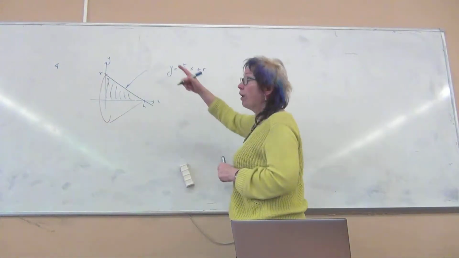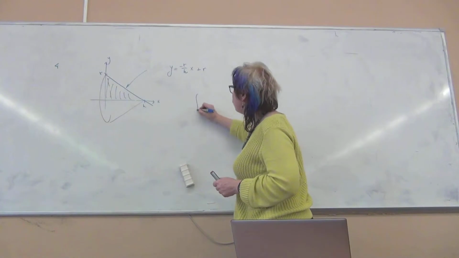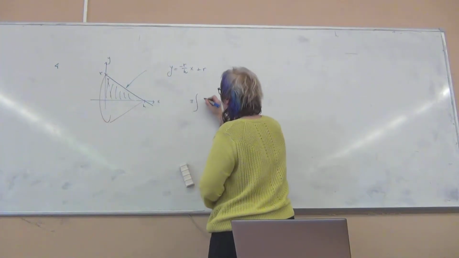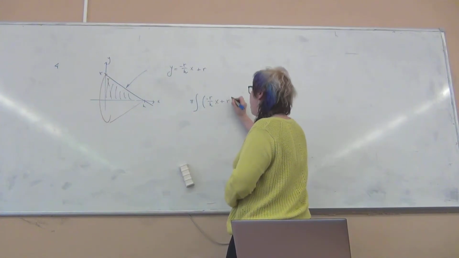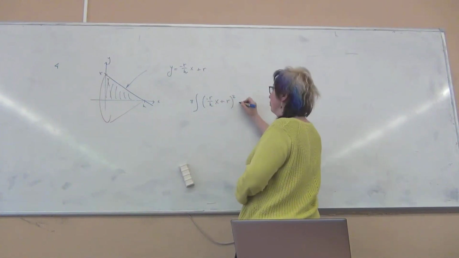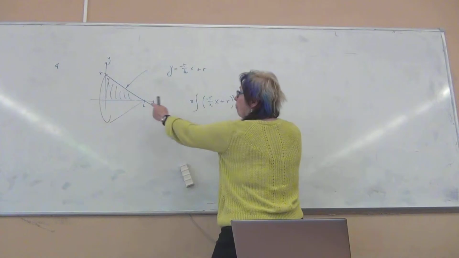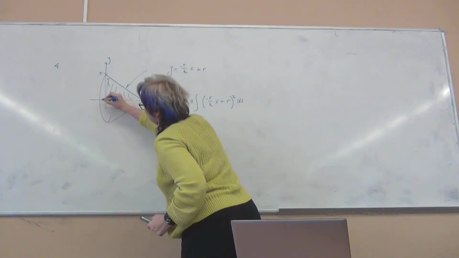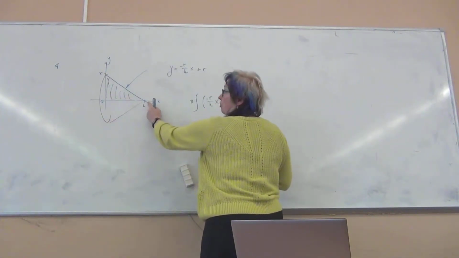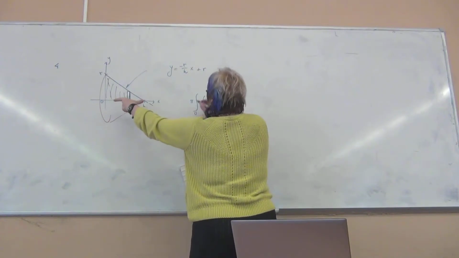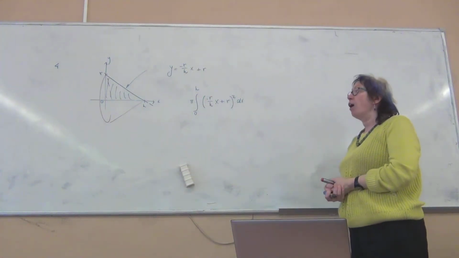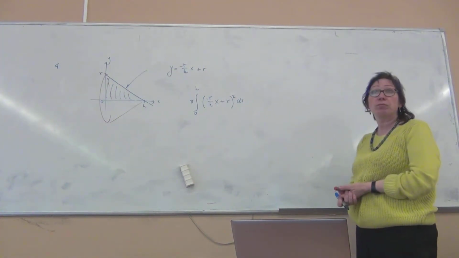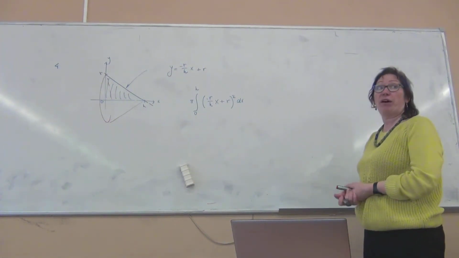Alright, now, to find the volume, we have to integrate pi times (minus r over h x plus r) squared dx from 0 to h. What we have to remember is that r and h are constants, and x is the only variable here.